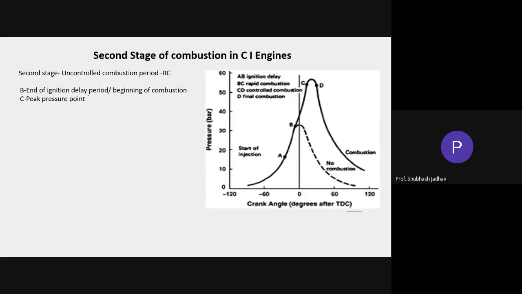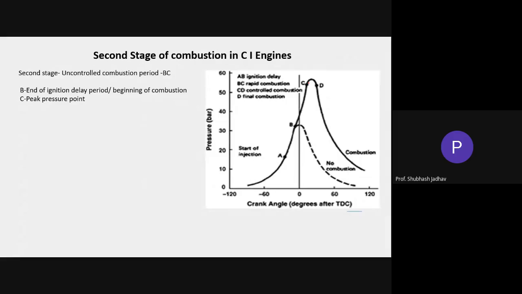So B is the end of the ignition delay period, where the beginning of combustion starts. And C is the point where the maximum pressure is attained in the combustion chamber.